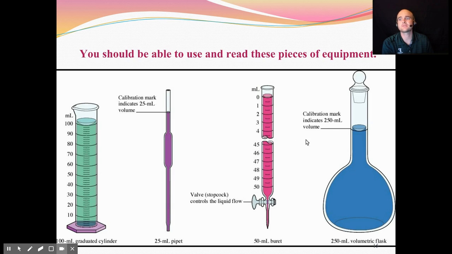I'll show you how to use those later. And you've probably seen me use these before, the volumetric flask. They put all of their effort into drawing one line. This line is exactly 250 milliliters for a 250 milliliter volumetric flask. You can buy bigger ones or smaller ones if you need to. You'll get a chance to use those.